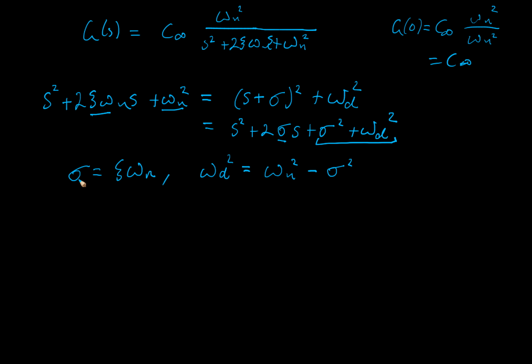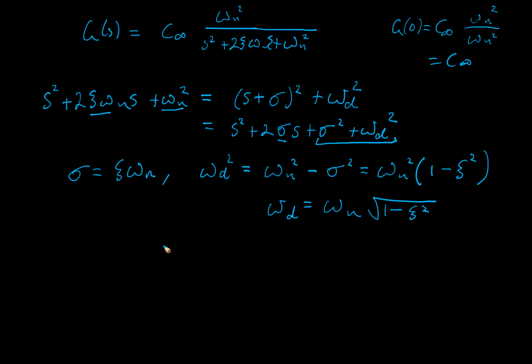And now if we substitute in for sigma squared, which is equal to zeta squared times omega n squared, we can pull out the omega n squared, and we've got 1 minus zeta squared. And then we can take the square root here, and we just write omega d equals omega n times square root of 1 minus zeta squared.